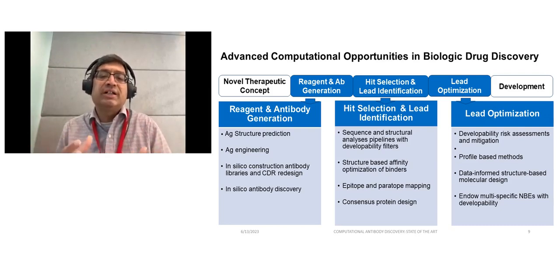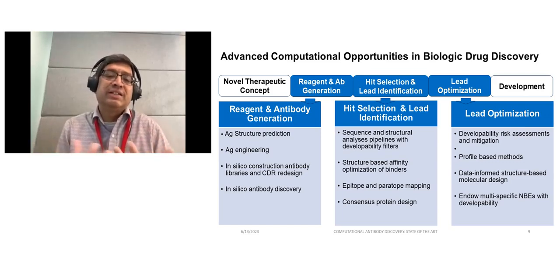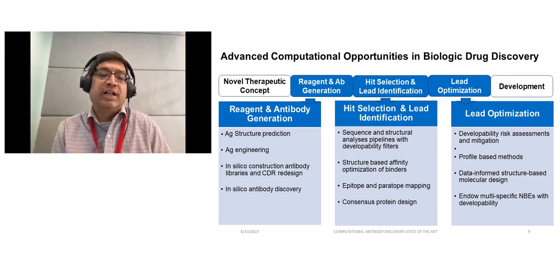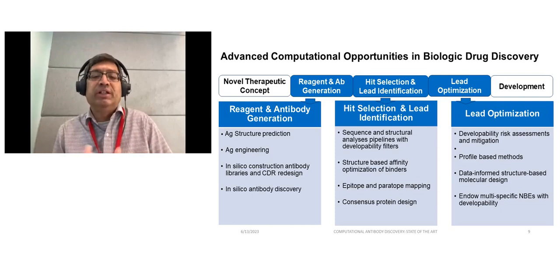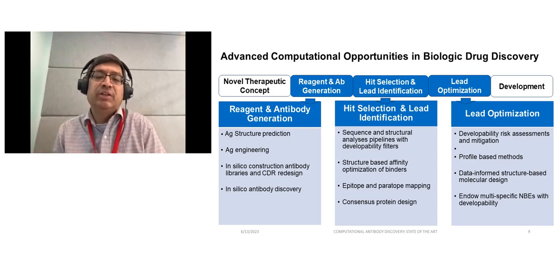We can construct in silico antibody libraries, something that I spoke about, DABI, in the beginning, or we could actually redesign the CDRs of a highly developable antibody to bind the target of our interest. We could profile and pre-select antibodies with good developability, and therefore reduce the number of experiments required to identify a lead molecule.